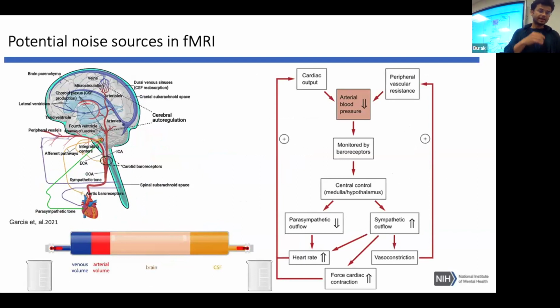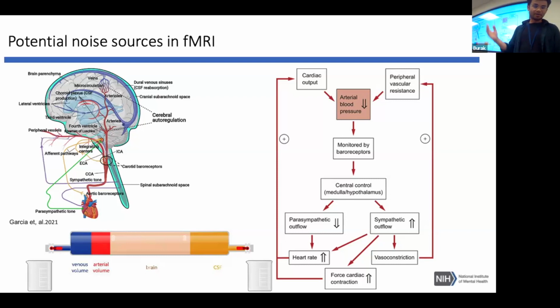In this case, if you look at the brain with different compartments, there's a lot going on with the brain and heart interaction. The brain sends signals to the heart and can change the heart rate, and the heart changes the amount of blood pumping into the brain. So there's a feedback there.